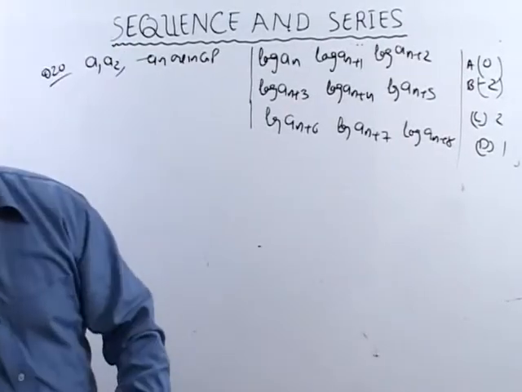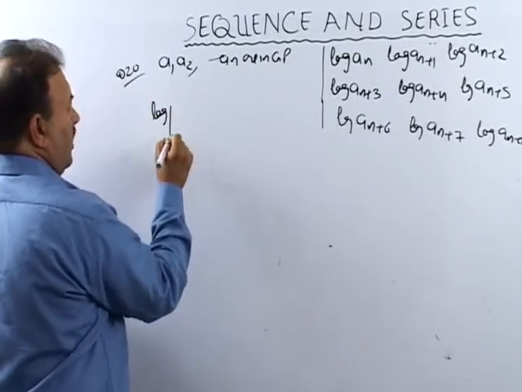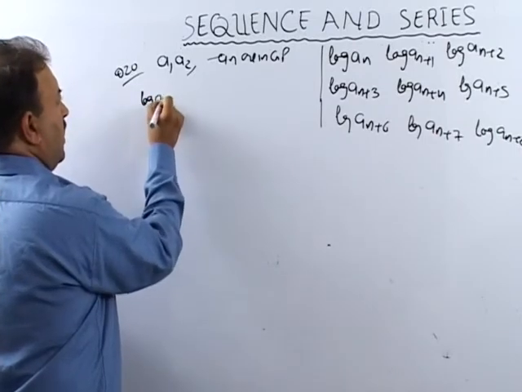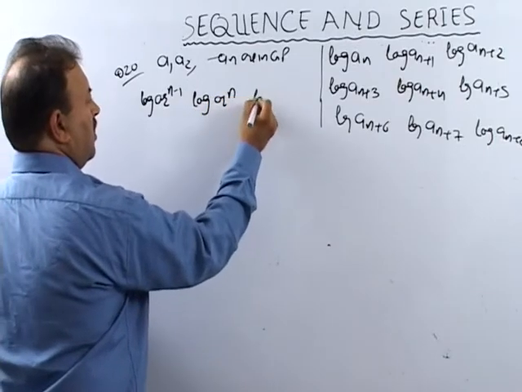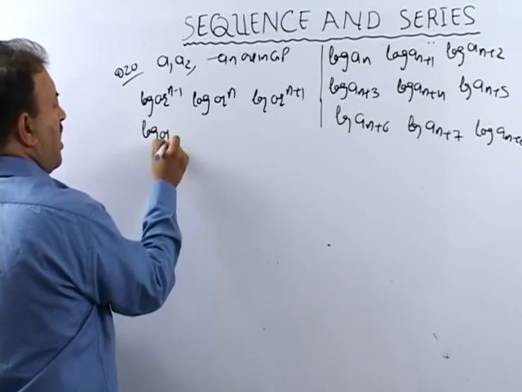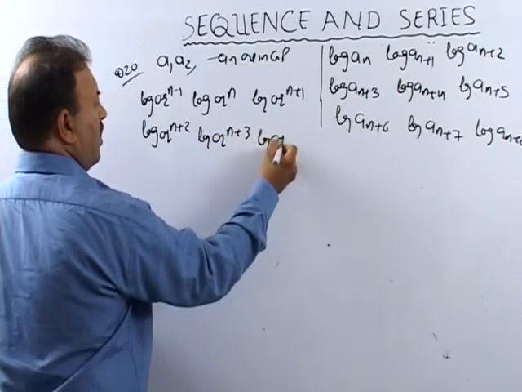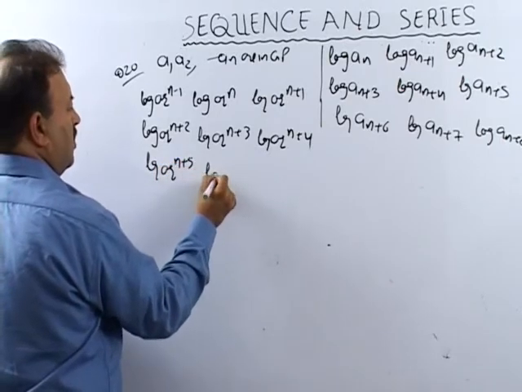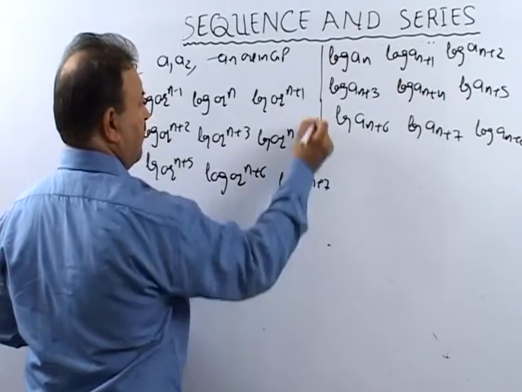This is equal to what? I start from here: log AR to the power n minus 1, log AR to the power n, log AR to the power n plus 1; log AR to the power n plus 2, n plus 3, n plus 4; log AR to the power n plus 5, n plus 6, n plus 7.